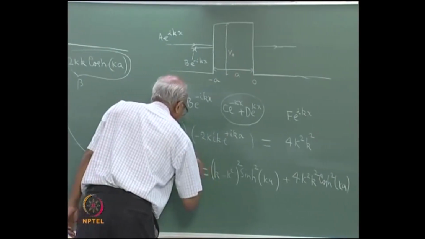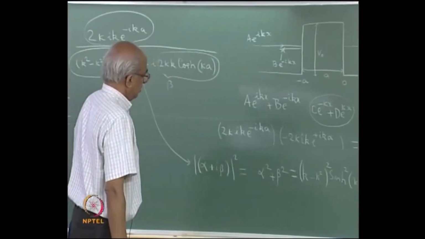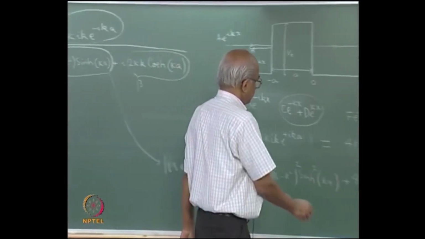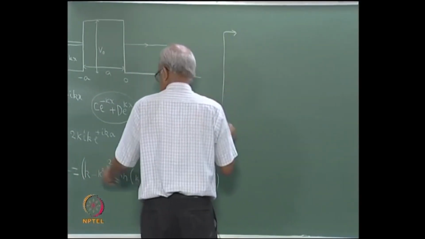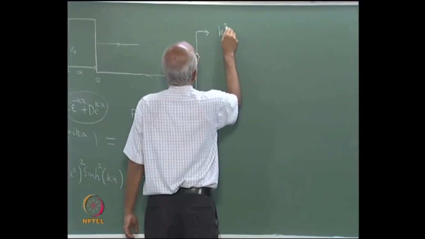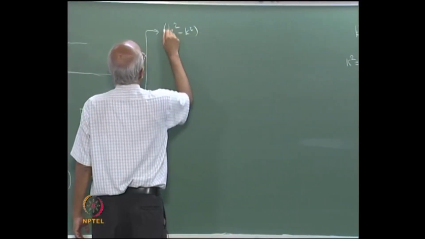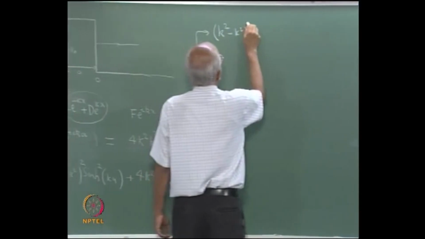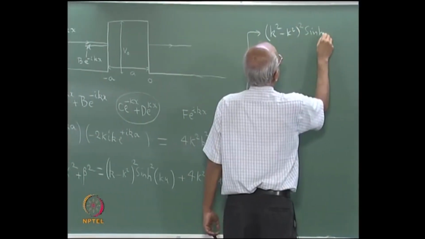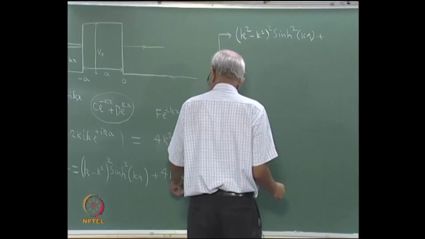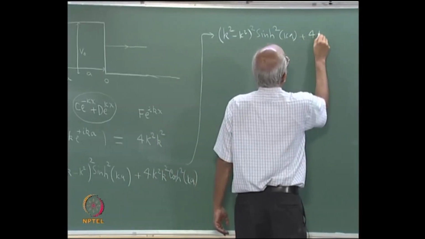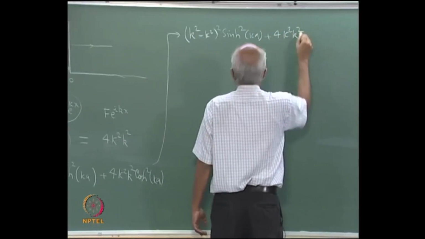Okay. And let me continue this up here, k square minus kappa square whole square sinh square kappa a plus 4 kappa square k square.